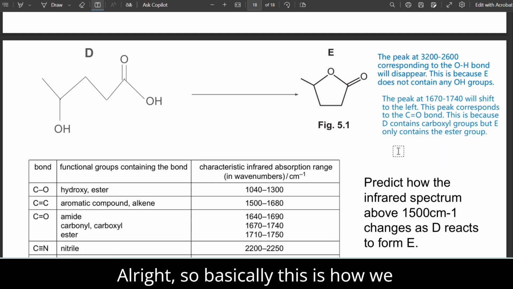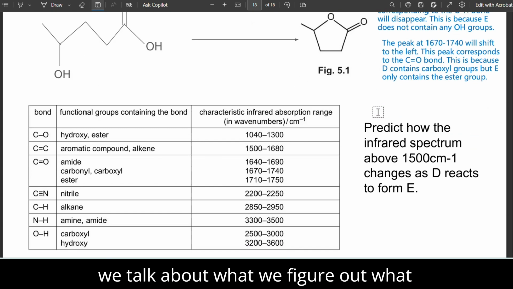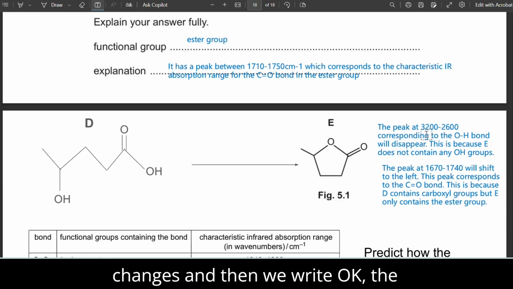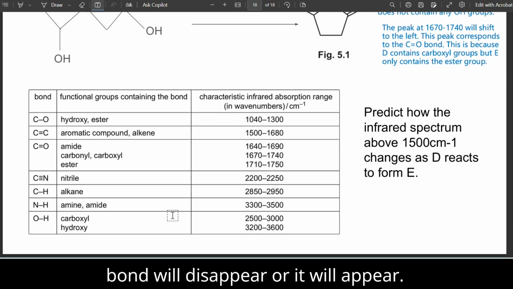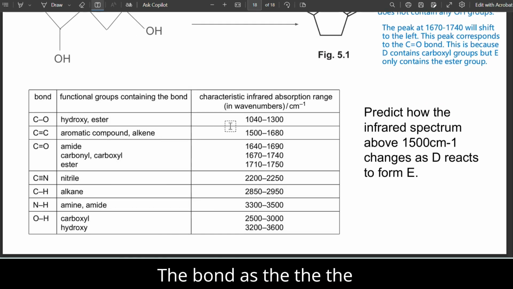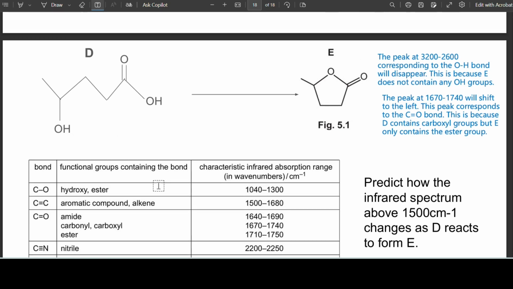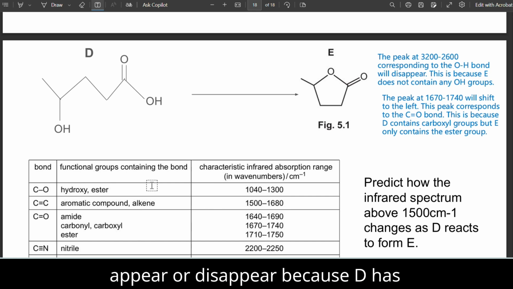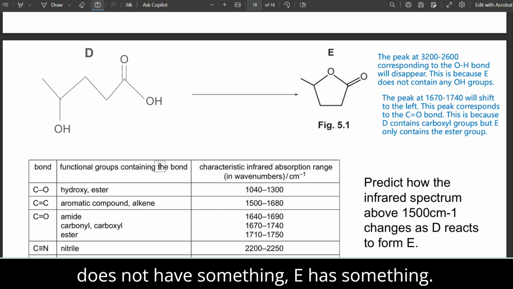Right, so basically this is how we answer these kinds of questions. We figure out what changes, and then we write, okay, the peak at such and such range, corresponding to what bond, will appear or disappear, because D has something, E does not have something, or D does not have something, E has something.